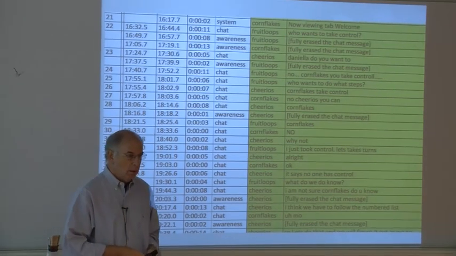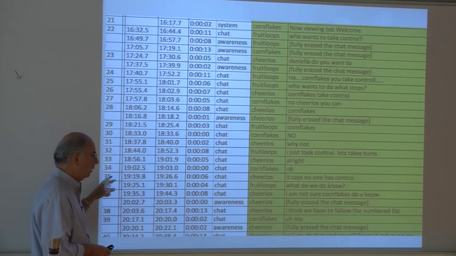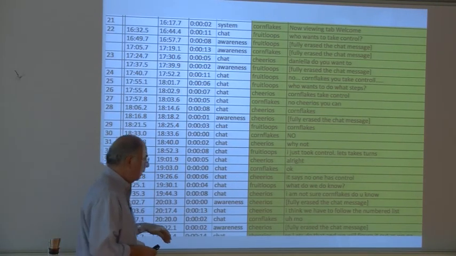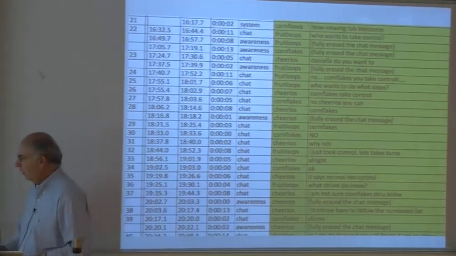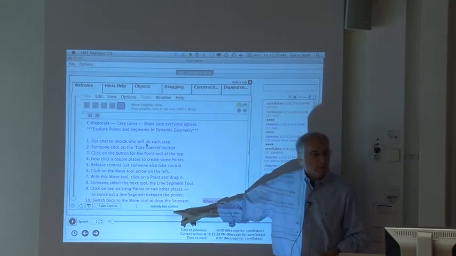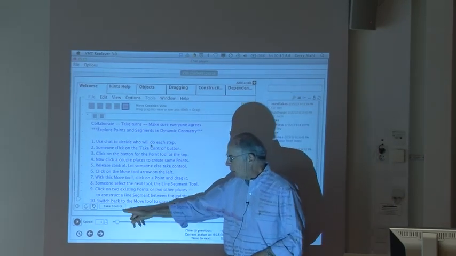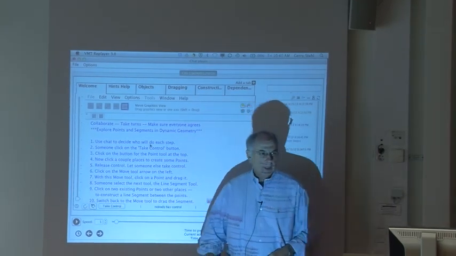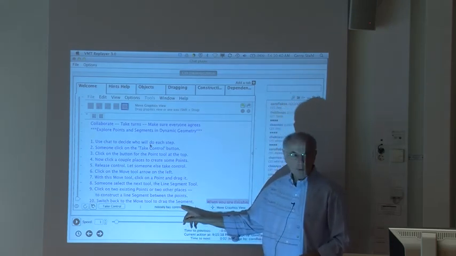Yeah. In line 35, Cheerios says, or types, no one has control. Is that according to the system? Yeah, down here, nobody has control. That's probably what she's referring to. So if Cornflakes presses the control button, then everybody else will read down here, Cornflakes has control.